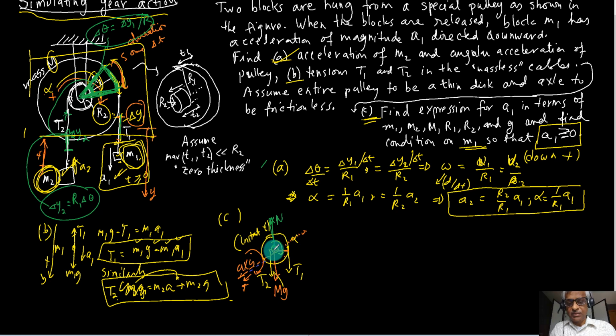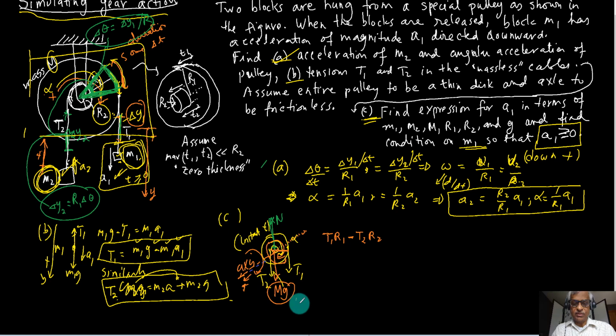The lever arms are very easy to get here. And T1 with that lever arm is in that direction, which is positive. So T1 R1 is positive for torque. T2 is doing exactly the opposite, so it's going to be minus T2 R2.